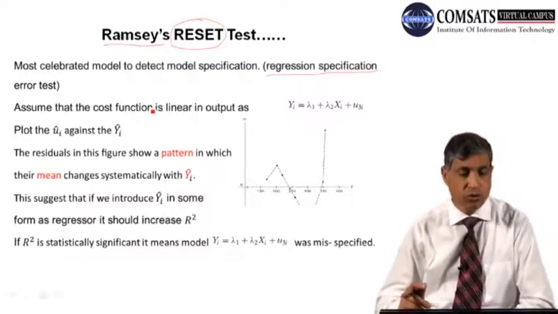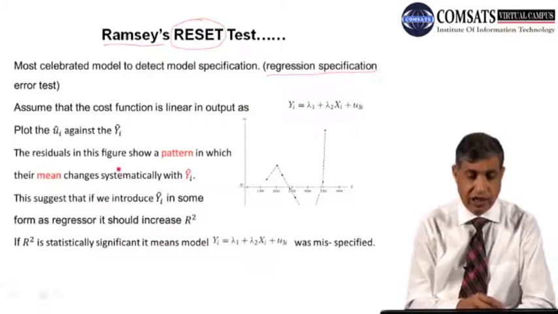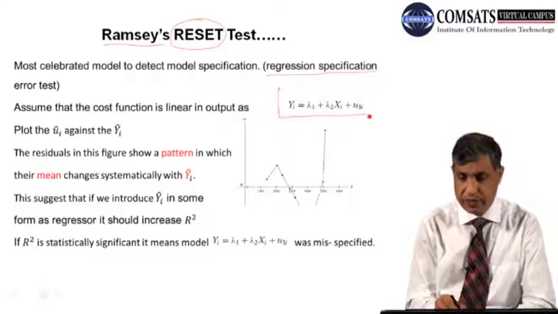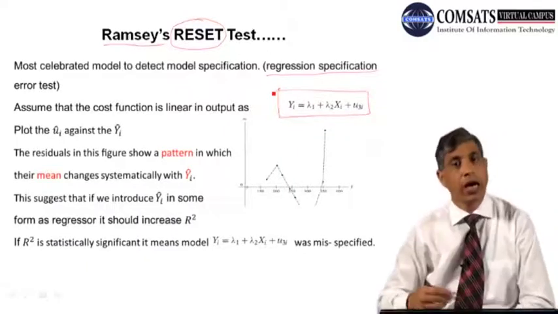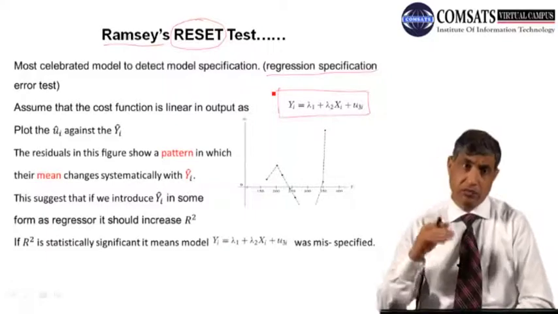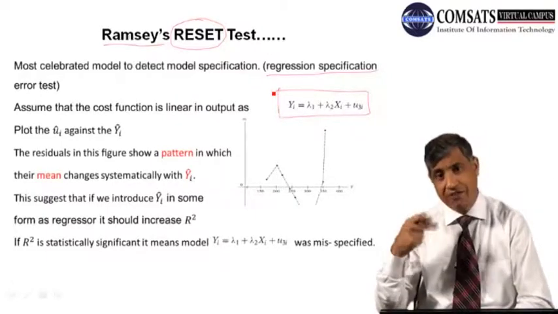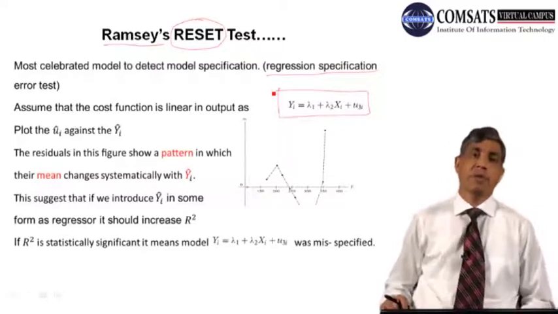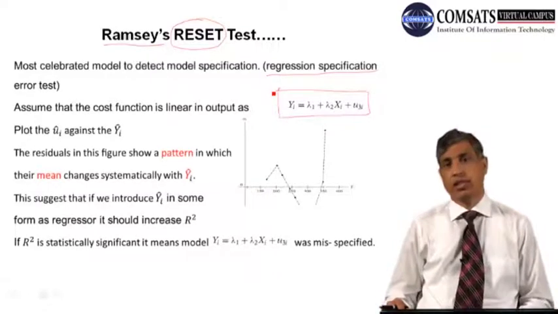So what is this? Assume that the cost function is linear in output. Again, an assumption. I am sure you will raise your brows that every time in this phenomenon I start with an assumption, because nobody knows the true model.